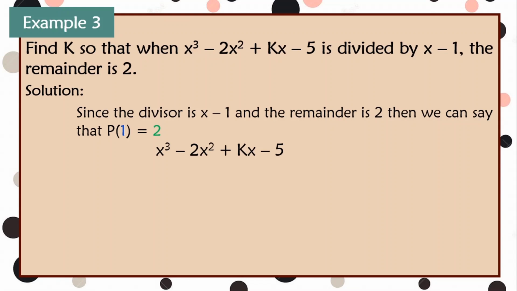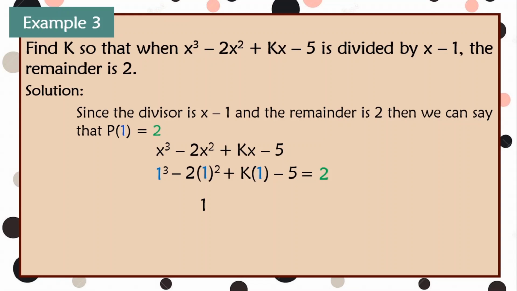So write the polynomial and substitute the value of x, which is 1. So we have 1 cubed minus 2 times 1 squared plus k times 1 minus 5. And that polynomial must be equal to the value of the remainder, which is 2. So 1 cubed is 1.